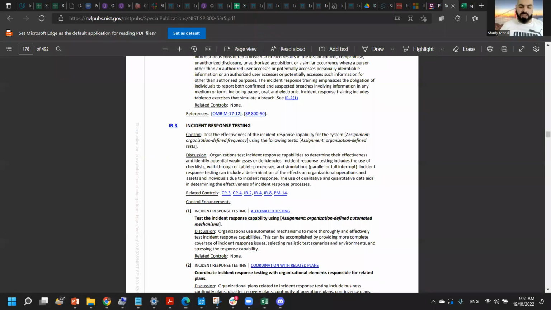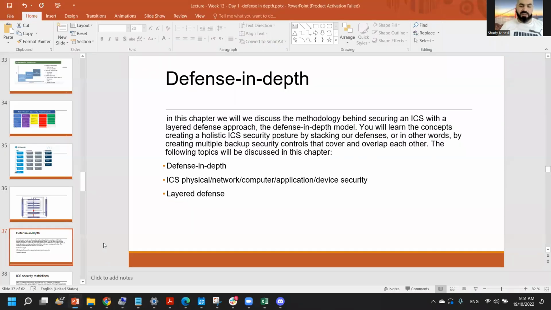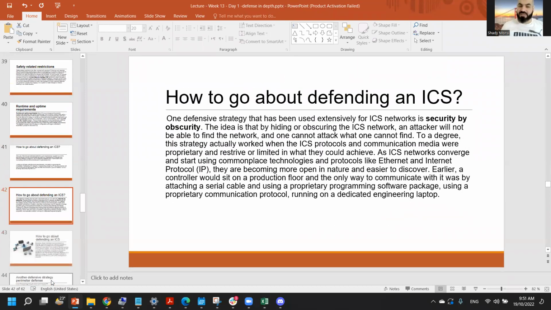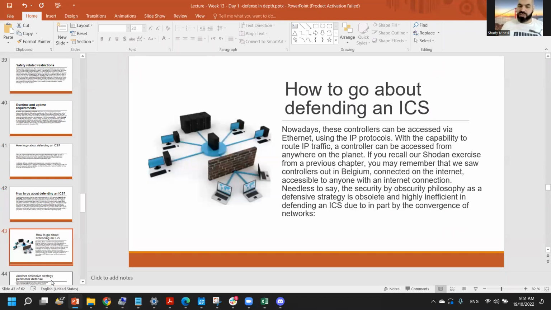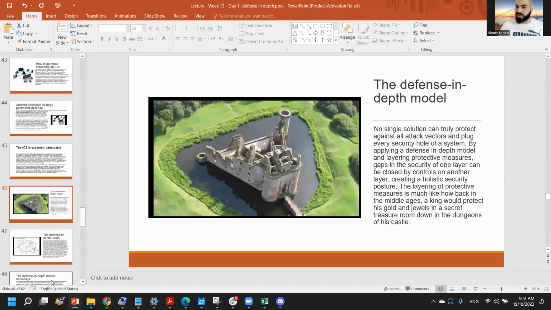Okay, so let's go back to the lectures, the defense in depth that we were talking about here. Defense in depth, as I mentioned to you, means that you implement a layered protection, and this layered protection is going to be defending your system.